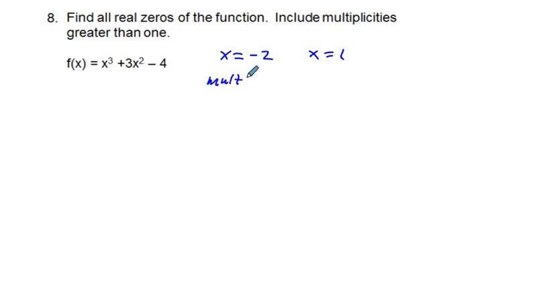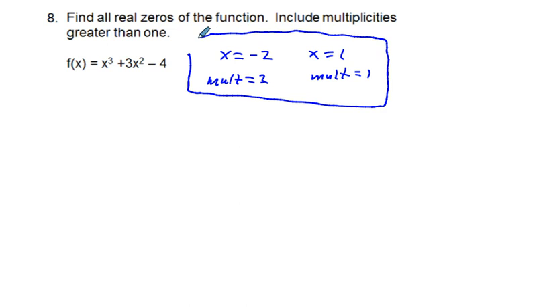So multiplicity is equal to 2, and then for x equals 1, that's multiplicity equal to 1. So that, where it just touches, that's a double 0. Okay, that's going to be part of how you're scored points to get your correct multiplicities of these zeros.